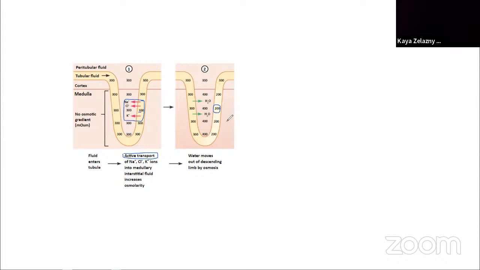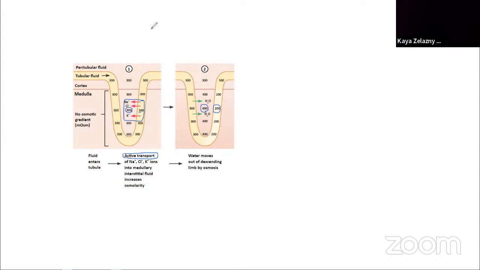So we can also see a change in the osmolarity of the medulla in this region. So we're now at 400 instead of 300 because that's the location that we moved these ions to. So we increased the concentration of solutes in the medulla, which increased its osmolarity. Now we do have a pull on water, right?